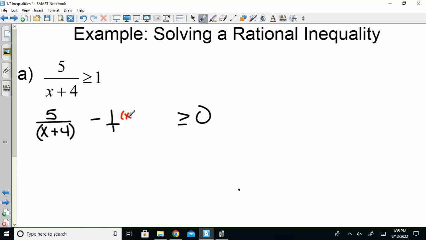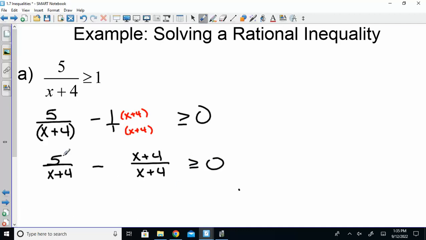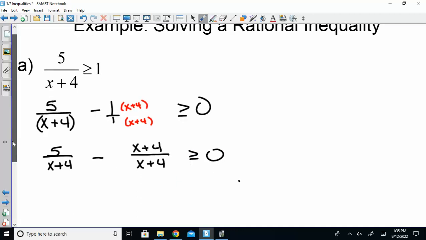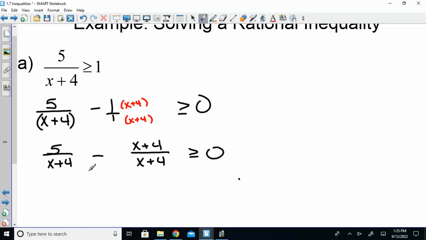So I'm going to multiply this fraction by x plus 4 on top and bottom. What would I have to do with my negative now? Distribute, so it just runs through the top.